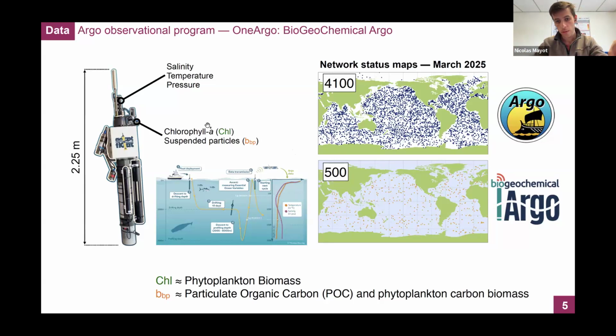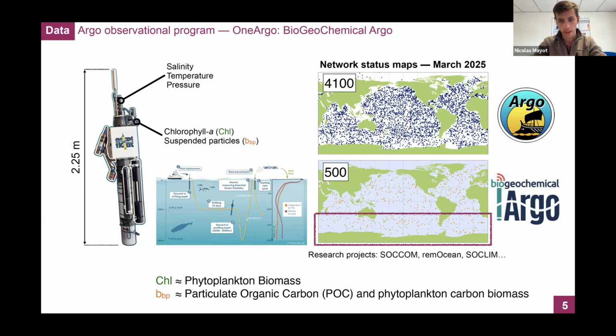And so we can use the chlorophyll and the BBP data profiles to estimate the phytoplankton biomass and also the amount of particulate organic carbon and the phytoplankton carbon biomass through some kind of relationship. So this data is at the base of the 4D-BGC data that I'm using.